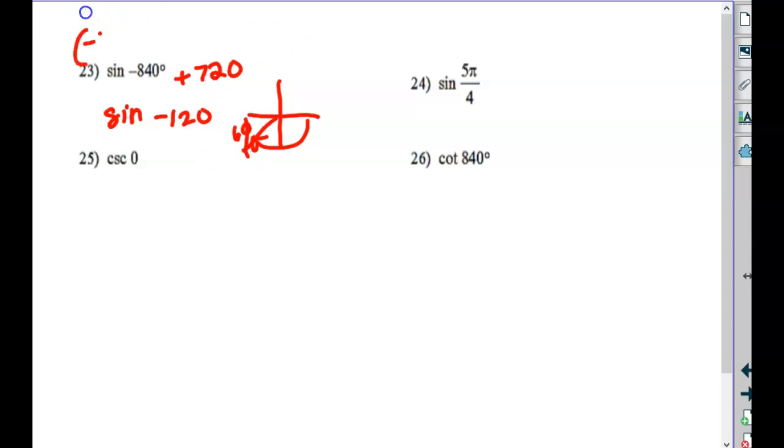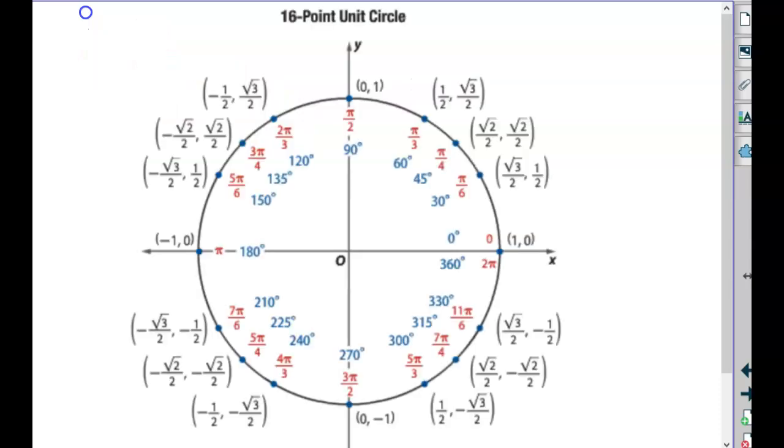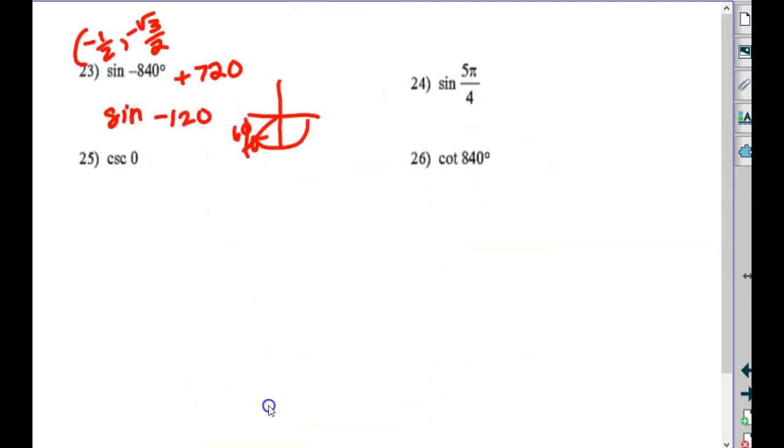So it's negative 1/2, negative square root of 3 over 2. That's what I'm thinking. If you had added 3 360s, what would you get? Negative 840 plus 360, 3 times is a positive 240. So you're down here. Did I write it down correctly? I think I did. All right, so the sine is just the y value.